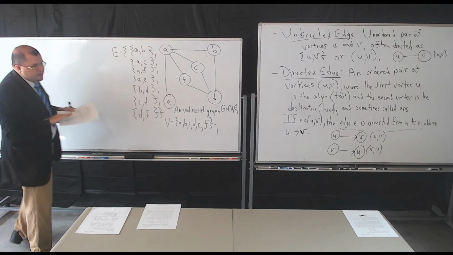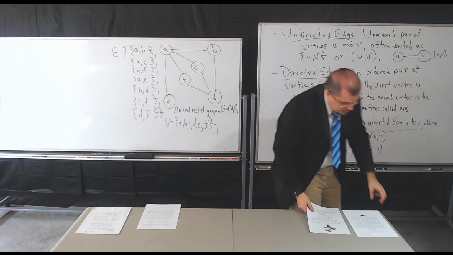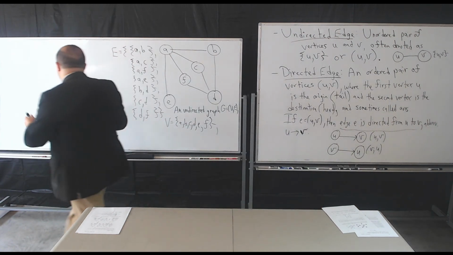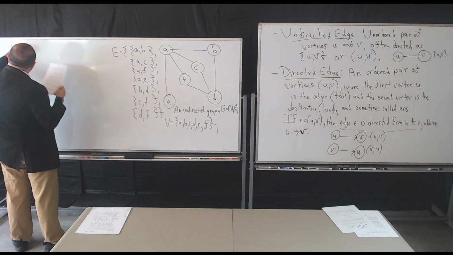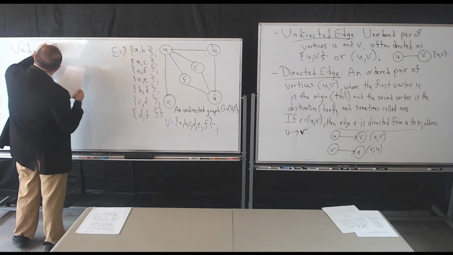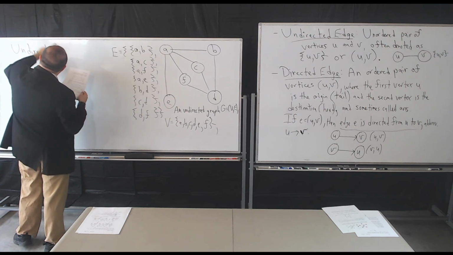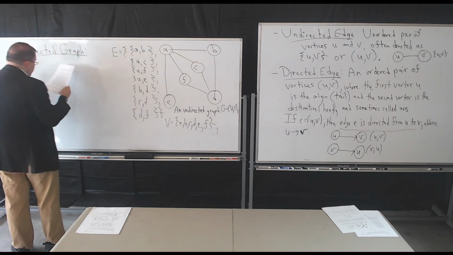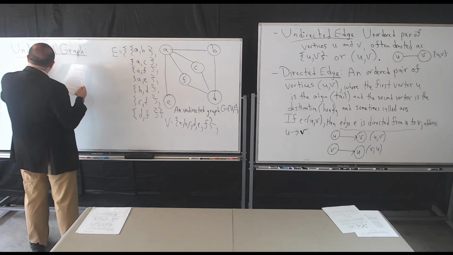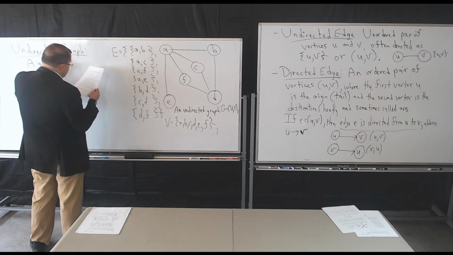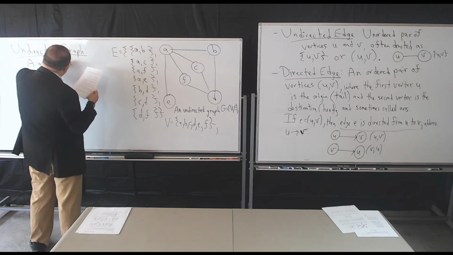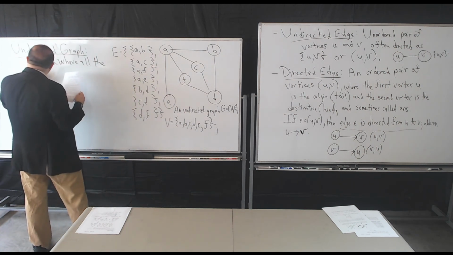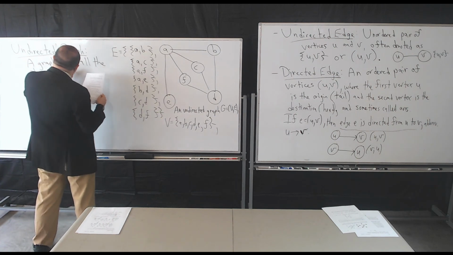Let me write down one last set of definitions, and we're going to wrap things up here for today. I'm going to give you three definitions very quickly. An undirected graph is a graph where all the edges are undirected.